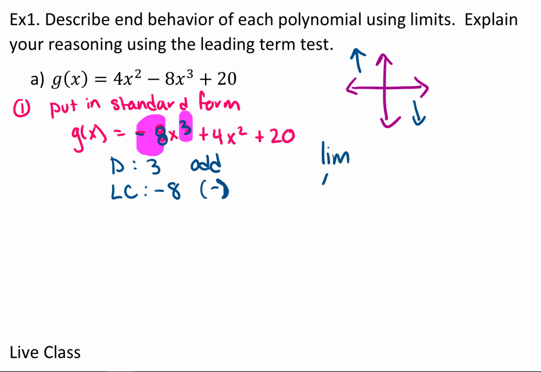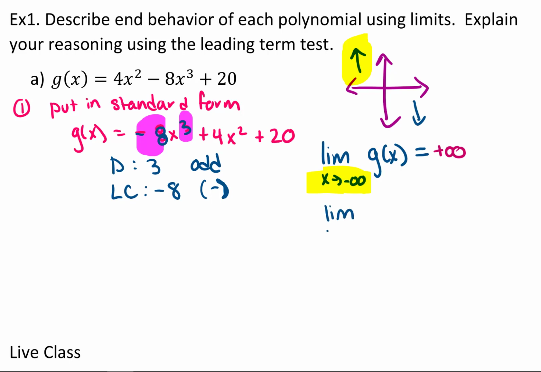So the limit as x approaches -infinity, so that's what's happening on the left-hand side, of g of x is equal to, so on the left-hand side, the y values are getting bigger. So we go towards positive infinity.